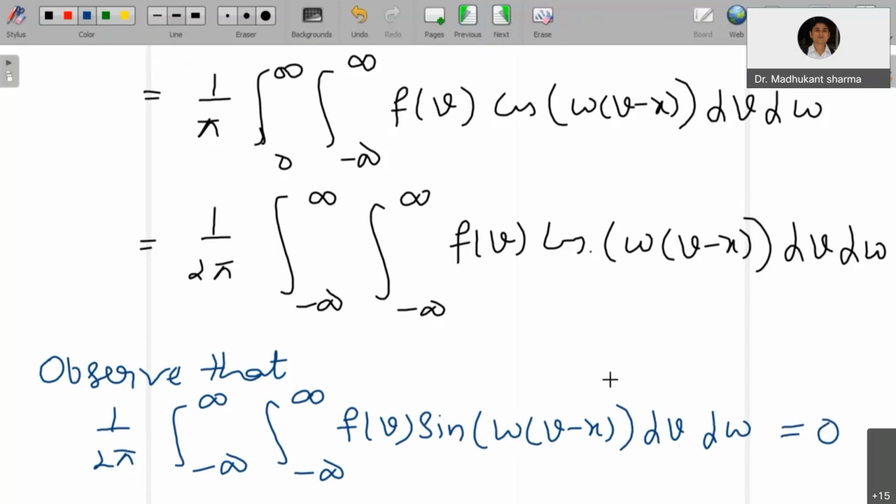Now, I hope you have learned Euler's formula: e to the power ix is equal to cos x plus i sine x.